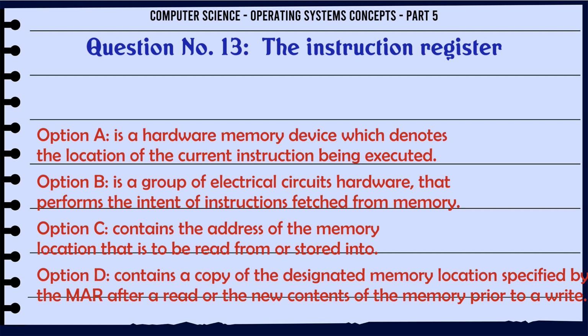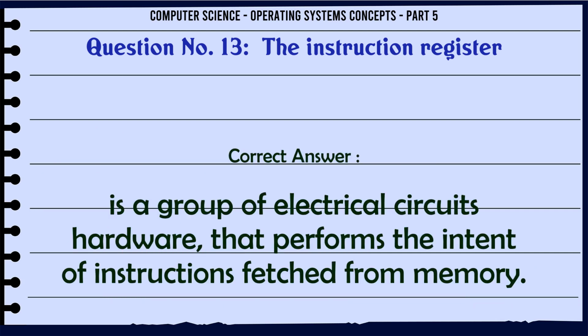D contains a copy of the designated memory location specified by the MAR after a read or the new contents of the memory prior to a write. The correct answer is a group of electrical circuits (hardware) that performs the intent of instructions fetched from memory.